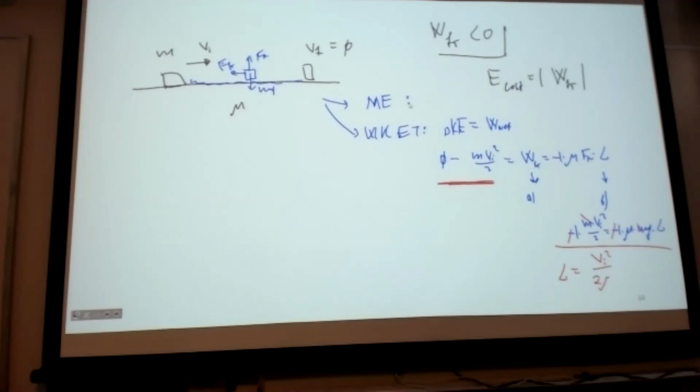Yeah, I think I forgot the negative from the initial kinetic energy. And for part A, you have to calculate the magnitude of the work done by friction. That will be equal to m v initial squared over 2, also positive.